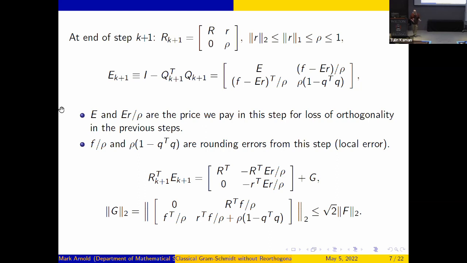And in this sense, this is then related to the original residual in this way. And the square root of 2 just comes from the fact that this rho could be as small as the square root of 2.